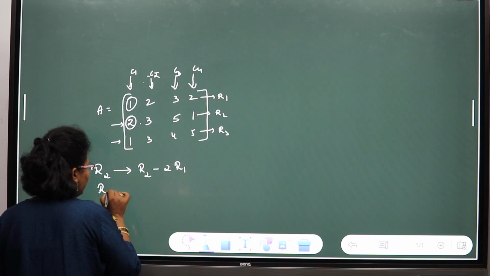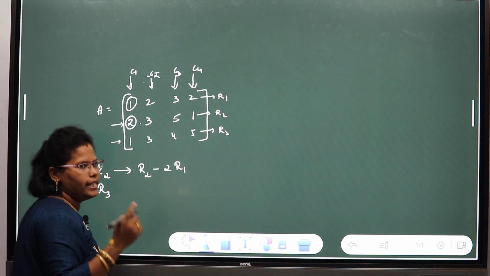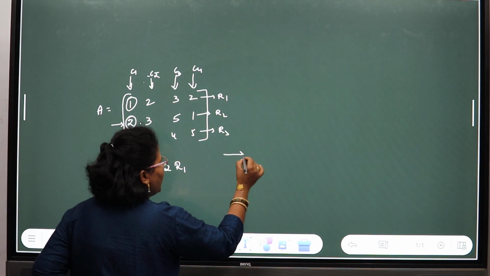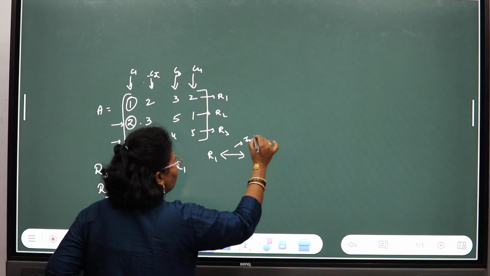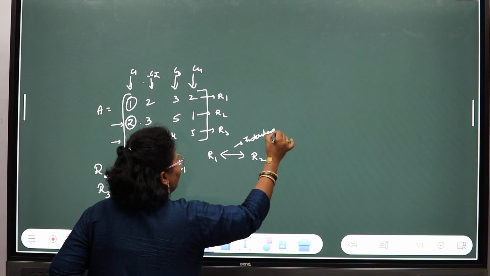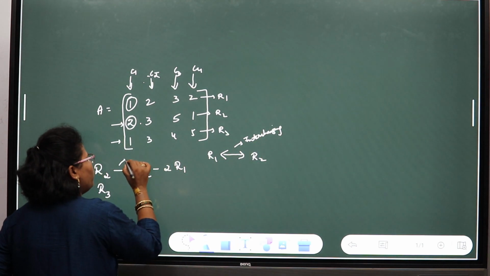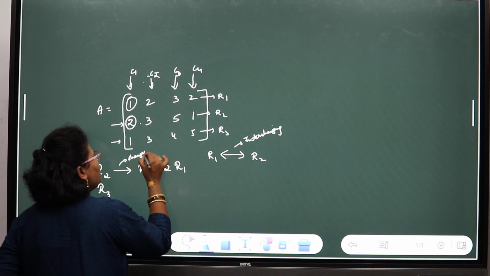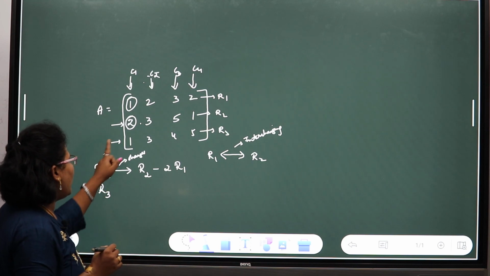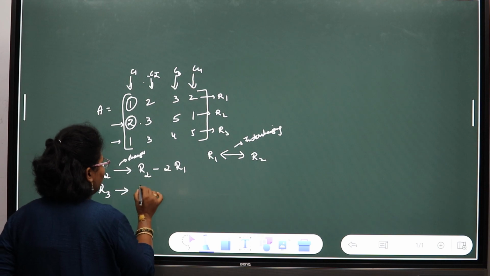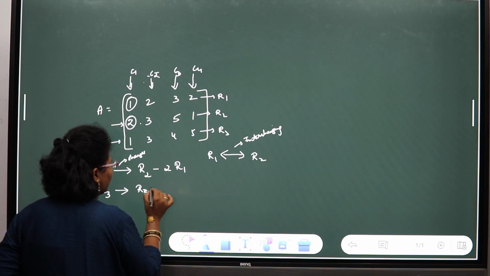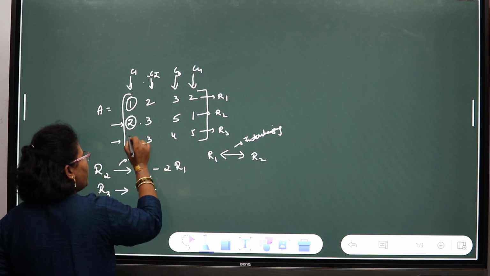Remember, this single arrow indicates it changes. When I write a double arrow, it means interchange. Now simultaneously I will change R3 also. R3 changes to R3 minus, here my number is 1.